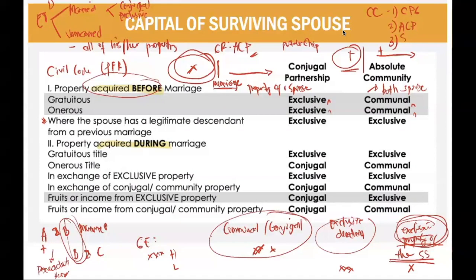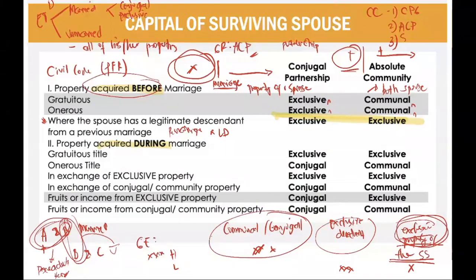So now A and B, we have a previous descendant, okay, whatever are the properties of B here cannot be brought into the marriage because those properties must be given first to your descendants. Therefore, under the law, if there is a legitimate descendant from a previous marriage, it is exclusive. Except if, of course, there is now a remarriage, but there is no legitimate descendant. If there is no legitimate descendant, then we do not have any problem.